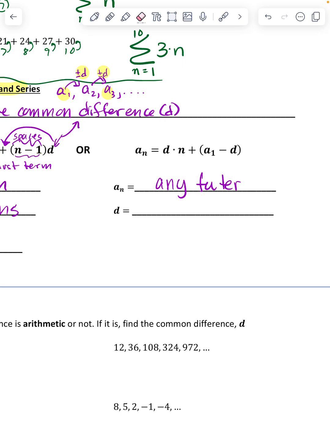Any future term, except I just made that up, that word. Like a term that's further down the line. We call it the nth term, like yesterday. And then in these formulas, D is representing that common difference, the number that you are adding or subtracting as you go term to term.